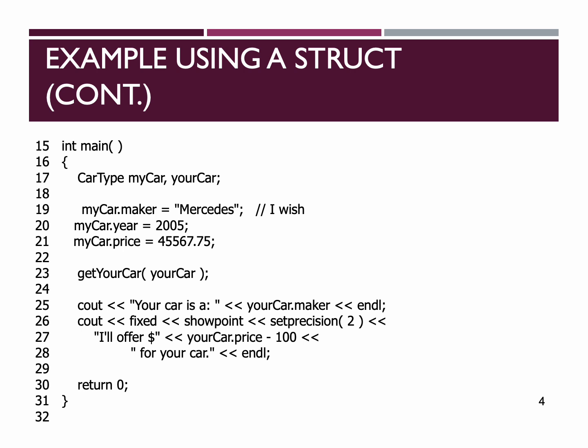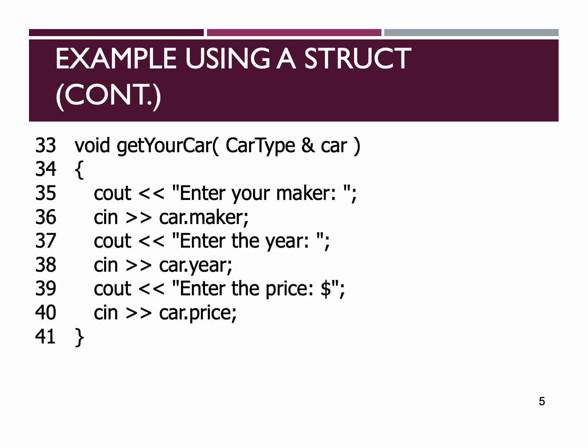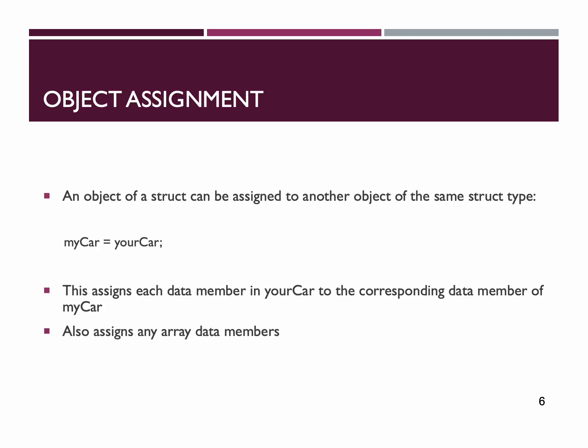I will also include the code of this example we will see in this lecture under the folder in the module. Okay, like we saw in this example, an object of a struct can be assigned to another object of the same struct type.